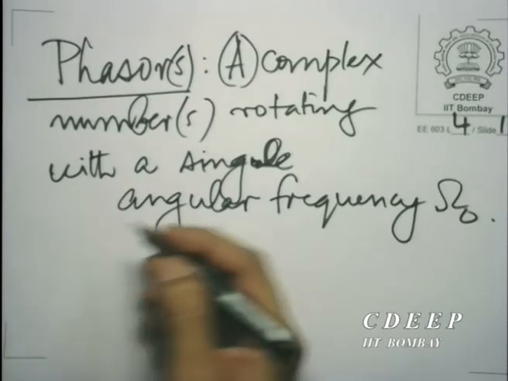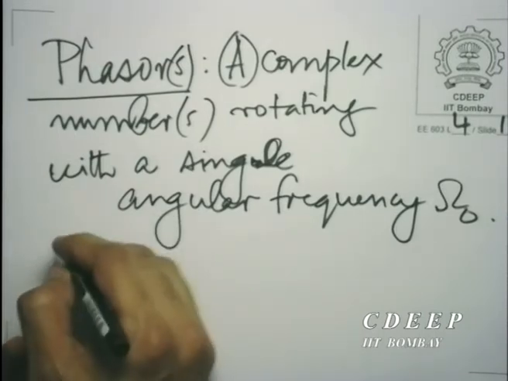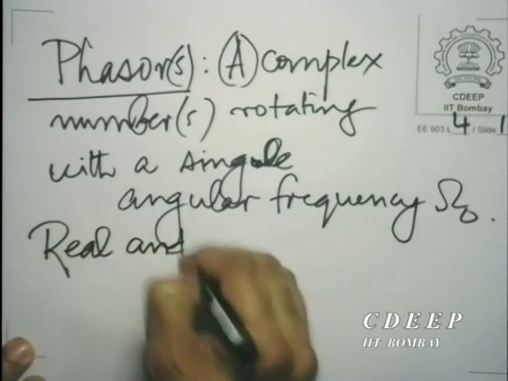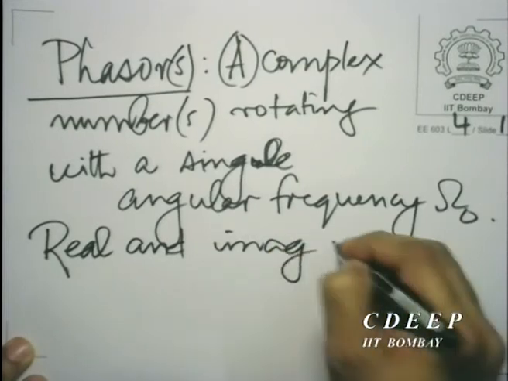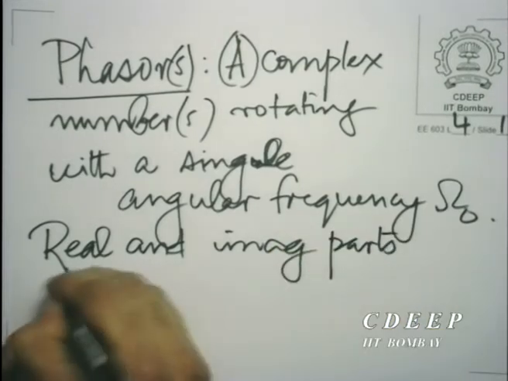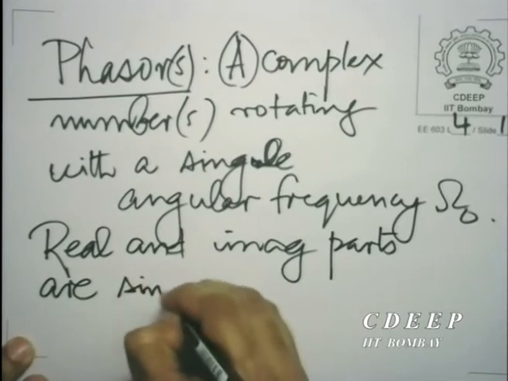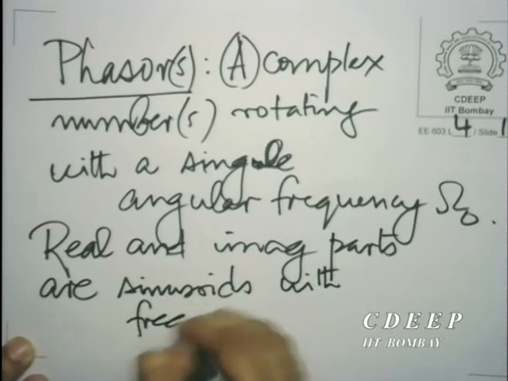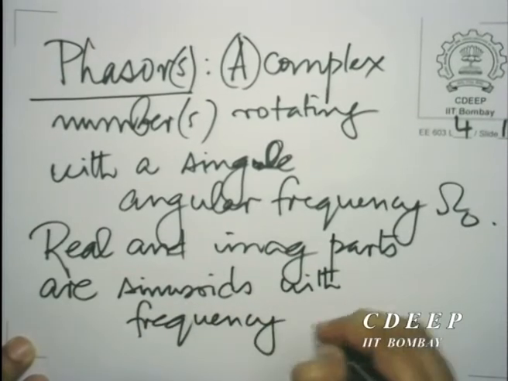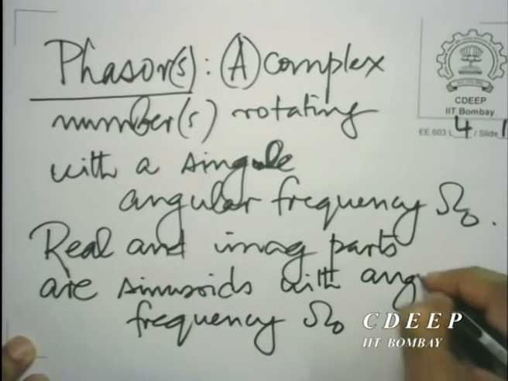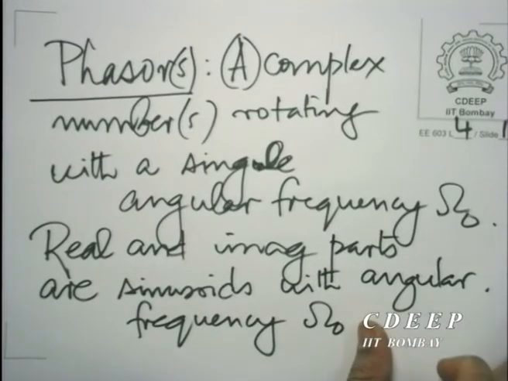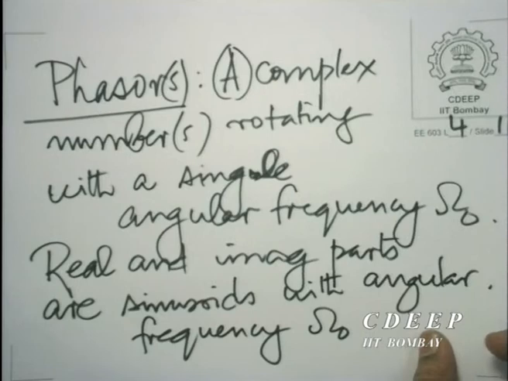Now, why are phasors important to us? The real and imaginary parts of phasors are sinusoids with angular frequency omega. Is that clear? That is straightforward, because we can even write down the real and imaginary parts.